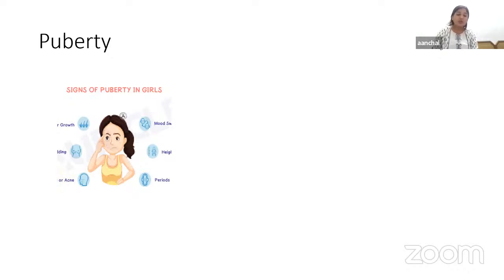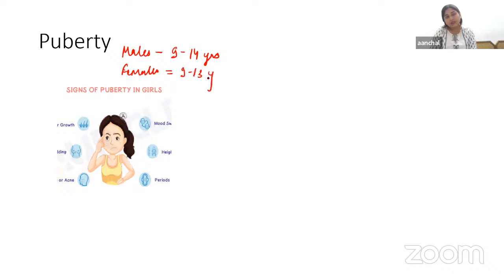Okay, now the age at which puberty occurs is variable. Puberty in males occurs at the age between 9 to 14 years, whereas in females it occurs at 9 to 13 years. Various changes can be seen in both male and female.